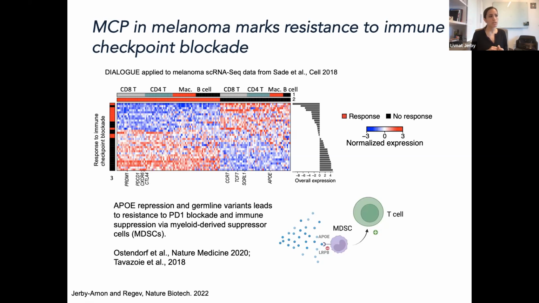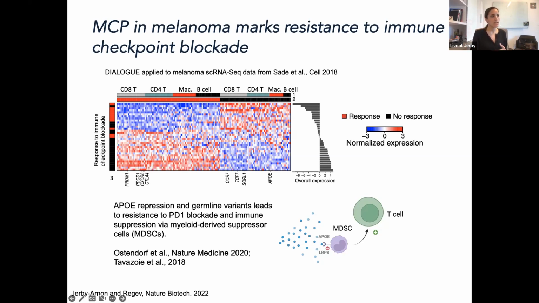Interestingly, there is beautiful work from the group of Svahatabazoy where they showed that ApoE repression and germline variants lead to resistance to PD-1 blockade and immune suppression via myeloid-derived suppressor cells. And we actually have some more mechanistic data suggesting that some of the effects might be directly on the T cells.